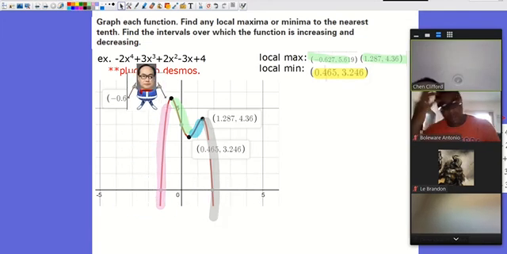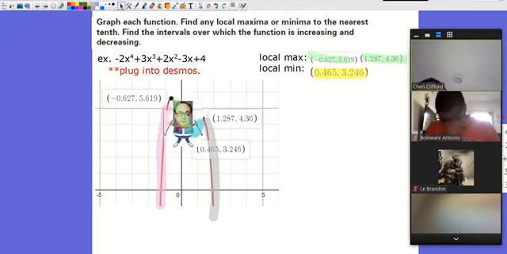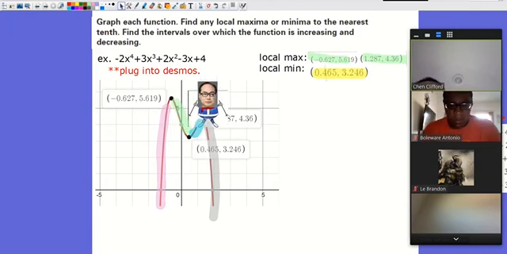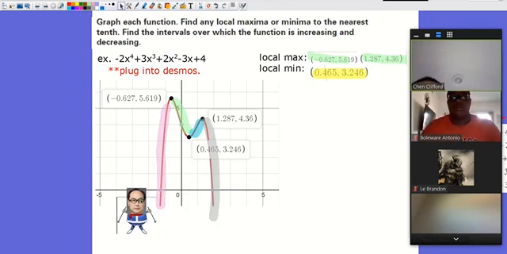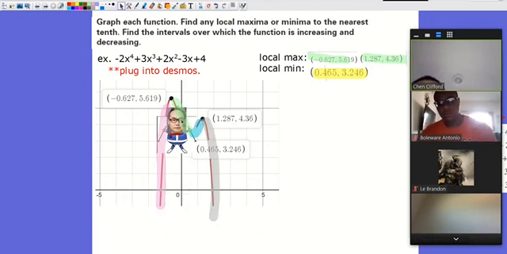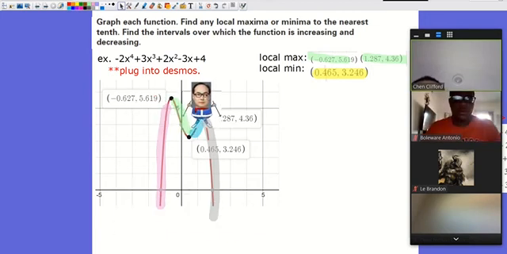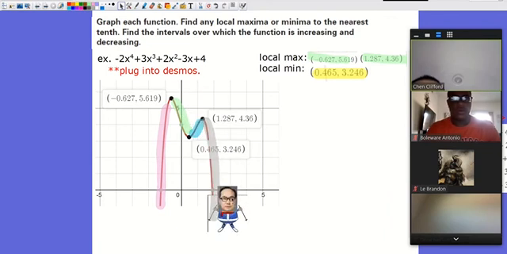Uphill means increasing, downhill means decreasing. So pink is increasing, green is decreasing, blue is increasing, and gray is decreasing. Increasing, decreasing, increasing, decreasing. Okay?